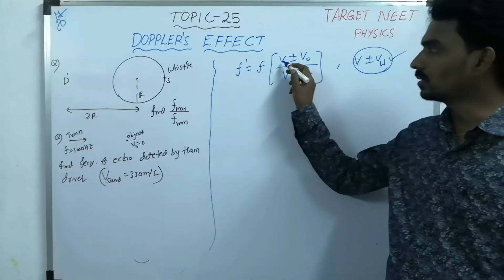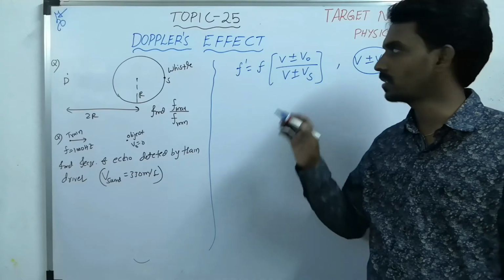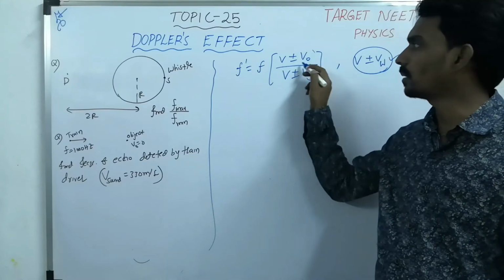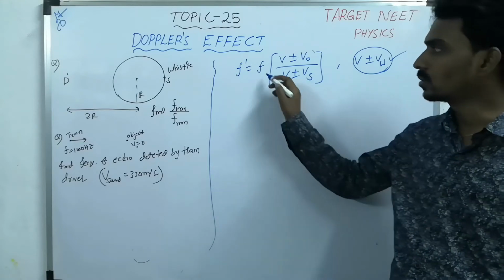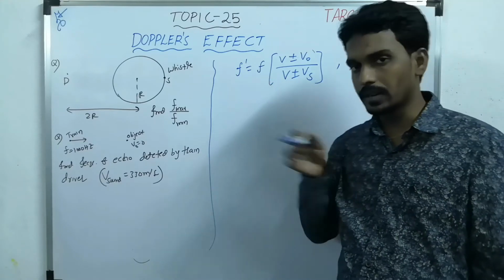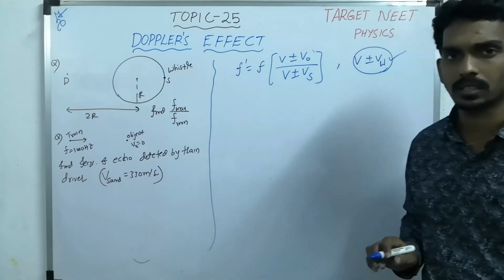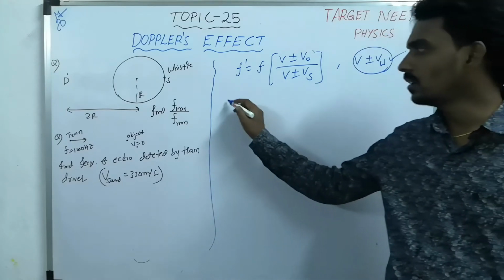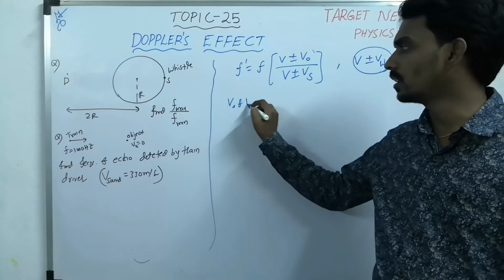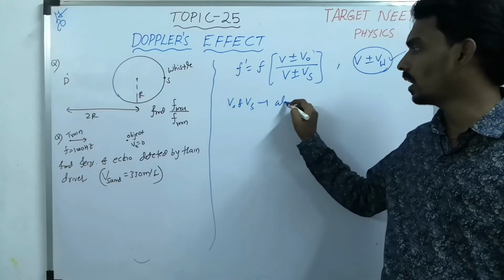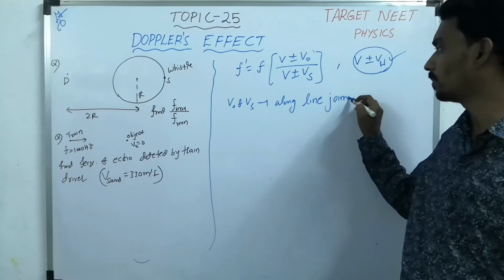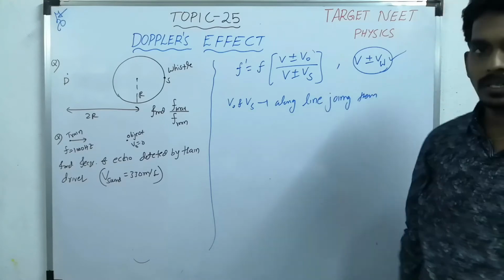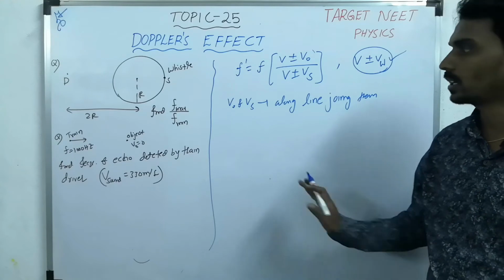If you take the speed of sound as v, the speed of observer as v naught, and the speed of source as vs, then f is the original frequency, f dash is the apparent frequency, and here v naught and vs must be along the line joining them. They should not be in any direction. You should not take random.